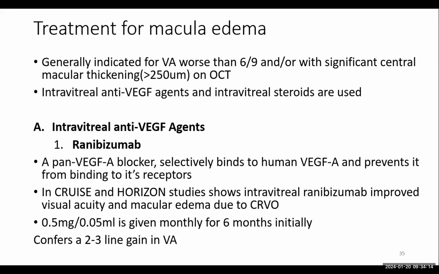It's usually given as 0.5 milligram in 0.05 ml, as a monthly regimen for about 6 months initially. Then if the patient warrants more treatment, it's based on the OCT findings. These studies show that ranibizumab gives a 2 to 3 line gain in visual acuity.